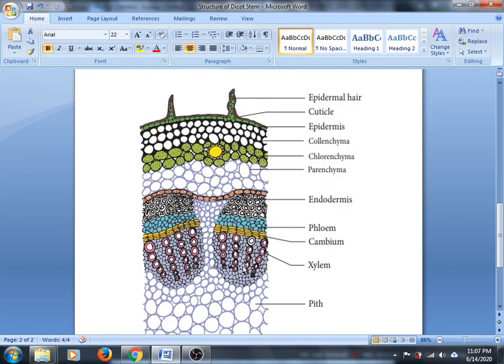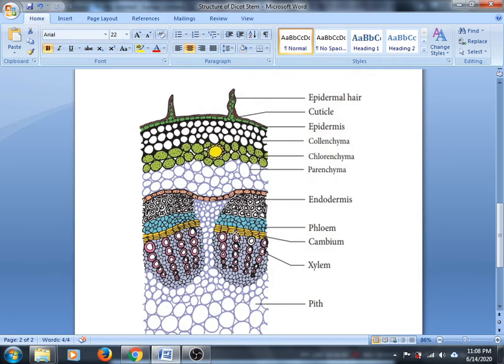In between the xylem and phloem, there is a yellow layer. This is the cambium layer. The cambium allows the plant to grow in the secondary stage. In the monocot stem, there is no cambium present, because that plant is very weak.